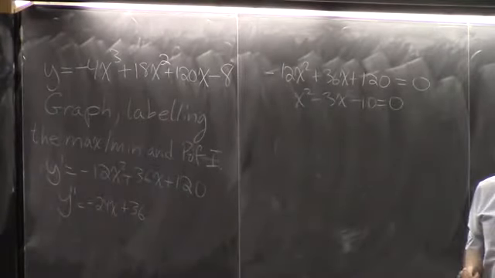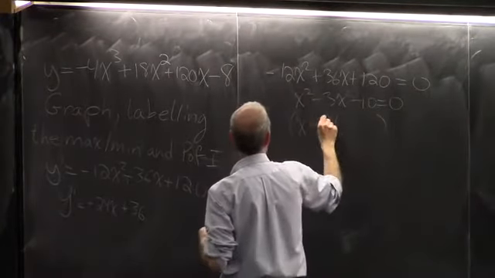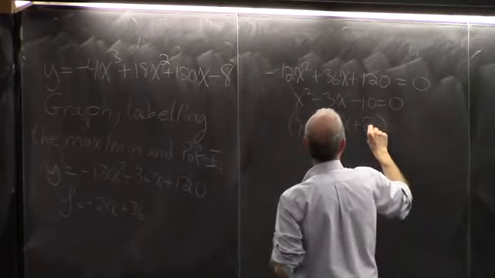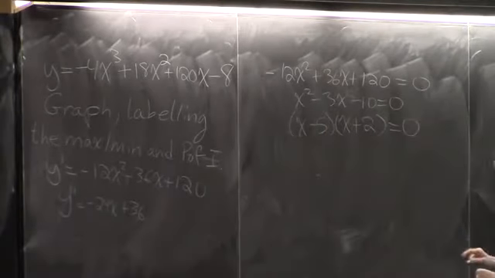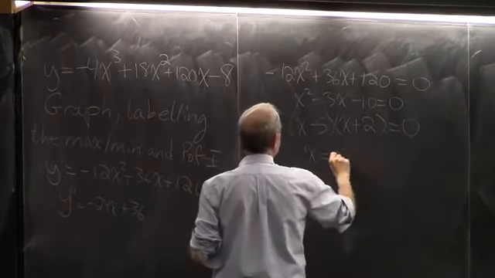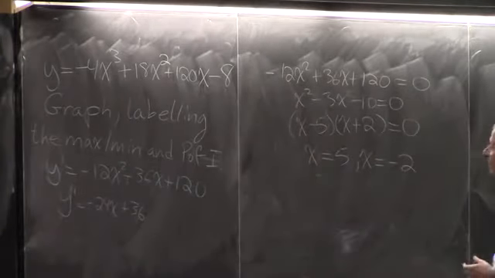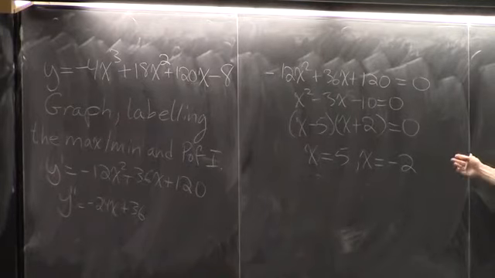Why, yes, it does. x minus 5 and x plus 2. So our critical values are x equals 5, x equals negative 2.